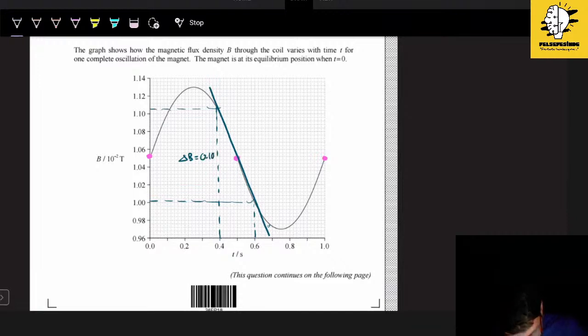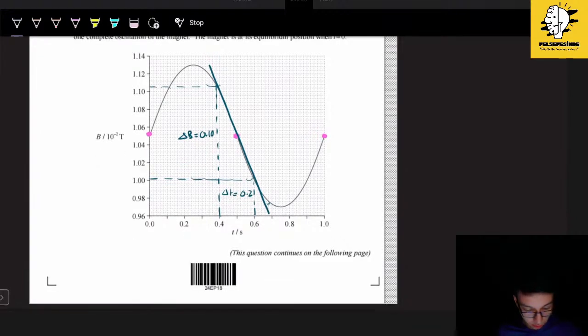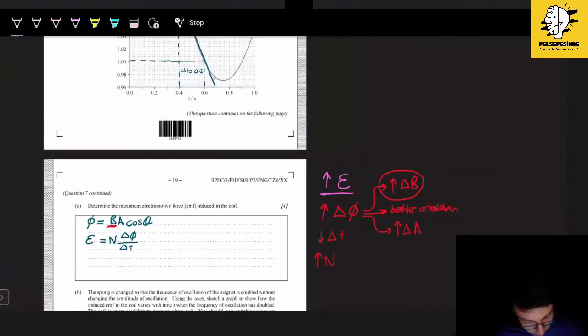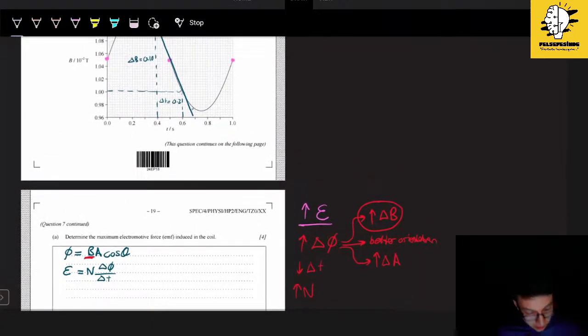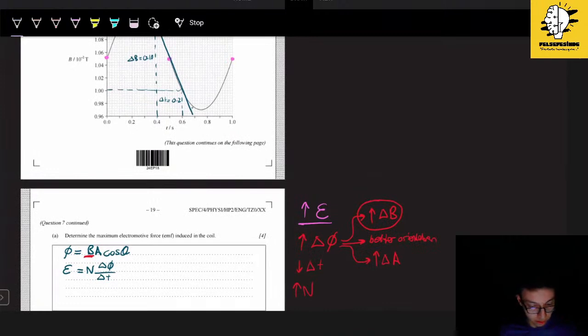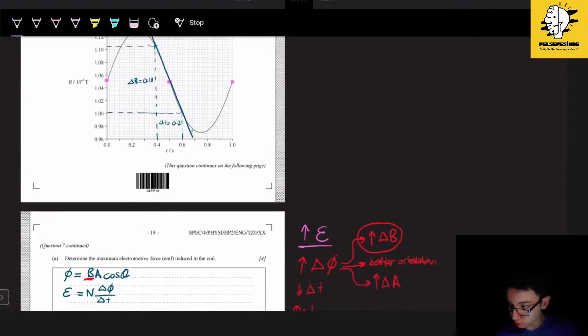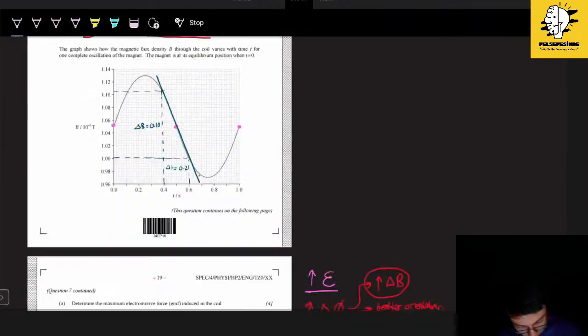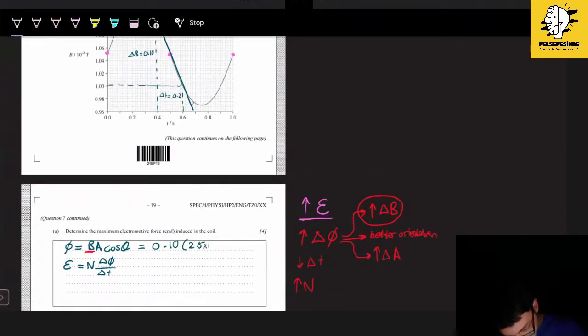0.10, and change in time over here is 0.2. Okay, so let's go to here. My phi at this point has changed from 0.10 times my cross-sectional area, which was 2.5 times 10 to minus 4, and cosine 0, it's already 1, no problem with this.